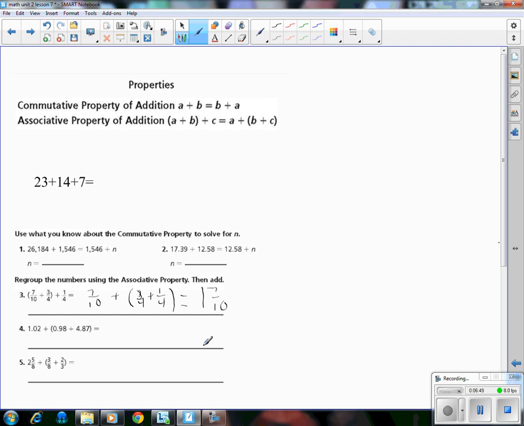So I'm going to go ahead and rewrite it like that. Put my parentheses around 1 2/100 and 98/100. So then I'm left with 4 87/100.